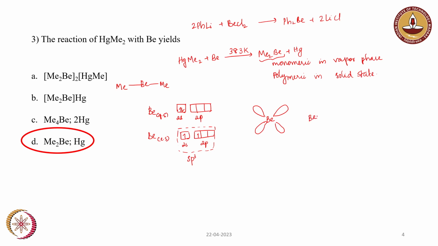And there are 2 electrons in the sp3 hybrid orbitals. So it will be arranged like this, and 2 sp3 orbitals will be vacant in each beryllium. So the methyl group will be bridged here.